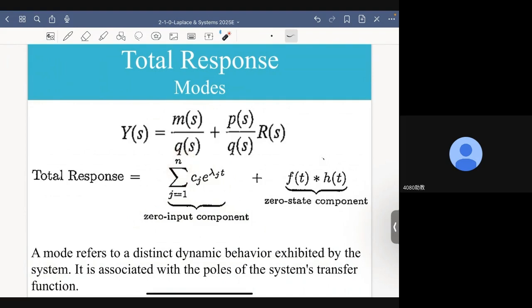So how do I understand the zero input response? I understand it by first taking the response apart, one mode at a time, right?